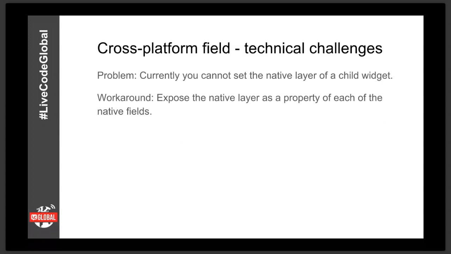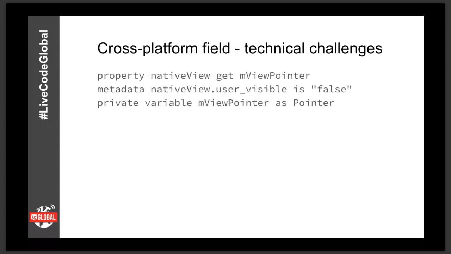So there are possible ways we can make it so that you can do that for a child widget. But to avoid making any engine changes at this point, I've worked around it by just exposing that native layer pointer as a property of each of the native fields. So I just defined a property called native view, whose accessor is that view pointer.